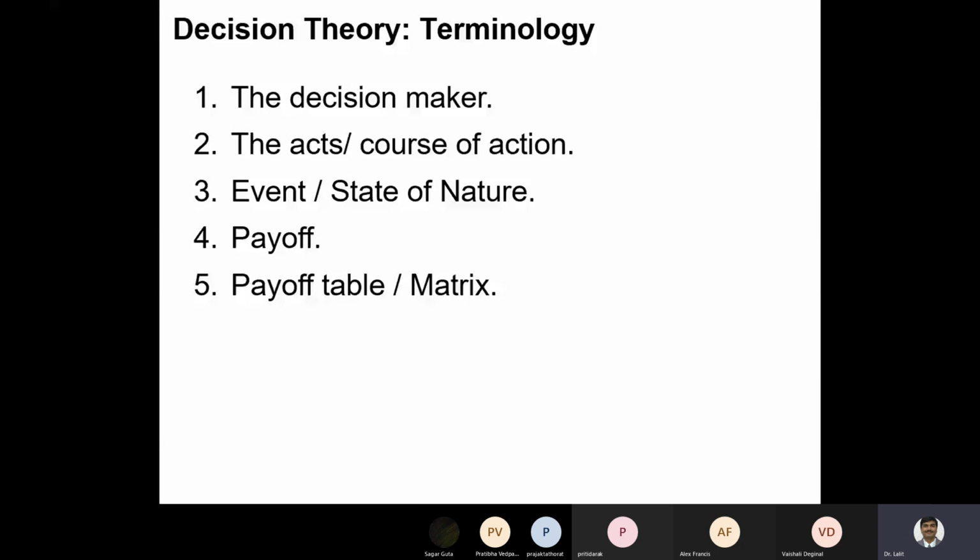Whereas if there is a high rainfall and the decision maker decided to go for cotton crop, then the yield of cotton crop in the event of high rainfall may be less, because we know the cotton crop requires very less amounts of water, whereas sugarcane requires high amount of water, right? So the outcomes of combination of a decision and event are different.